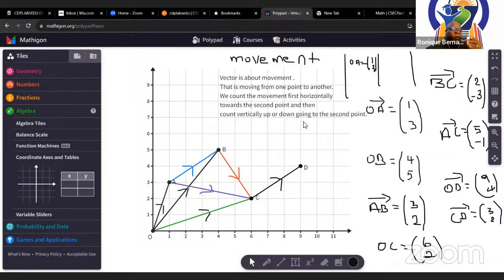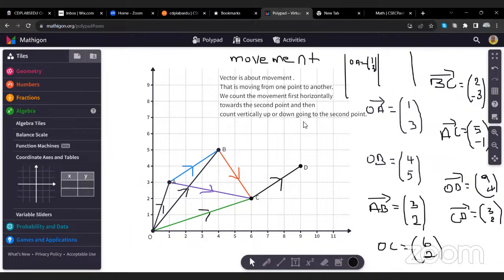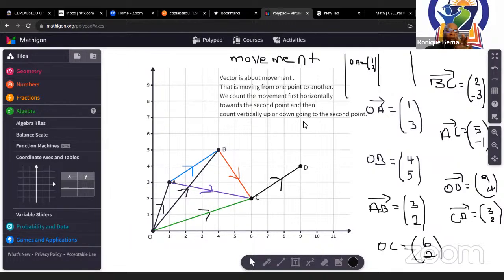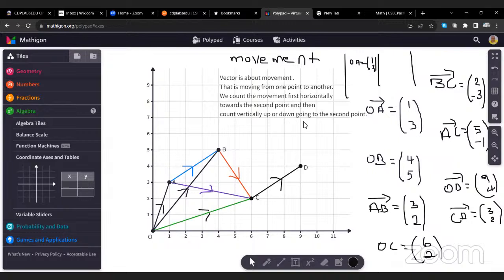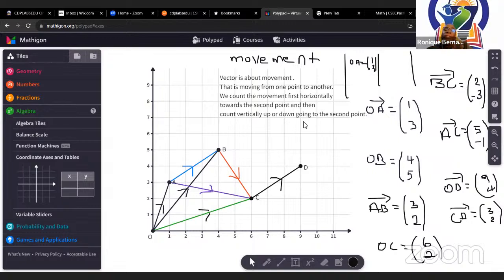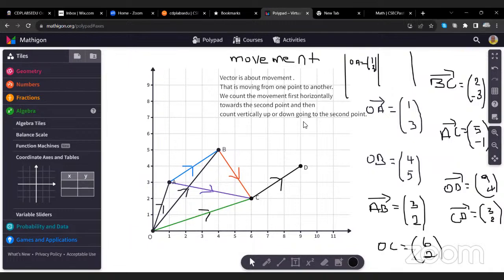But is there any other thing that you observe? It goes vertically. No, I don't want you to look at the graph. I want you to look at the table, the column that you drew, not the graph.